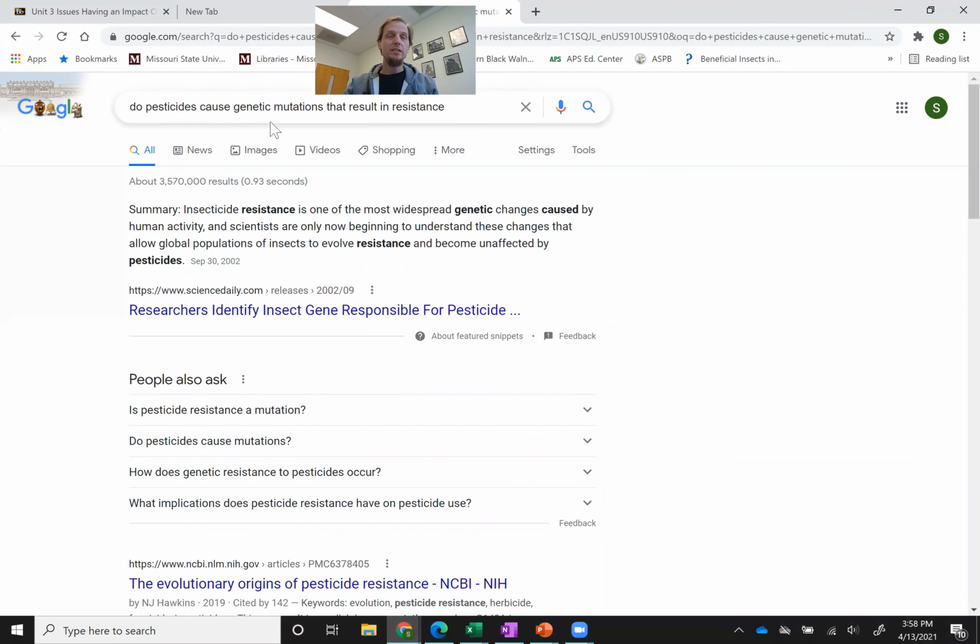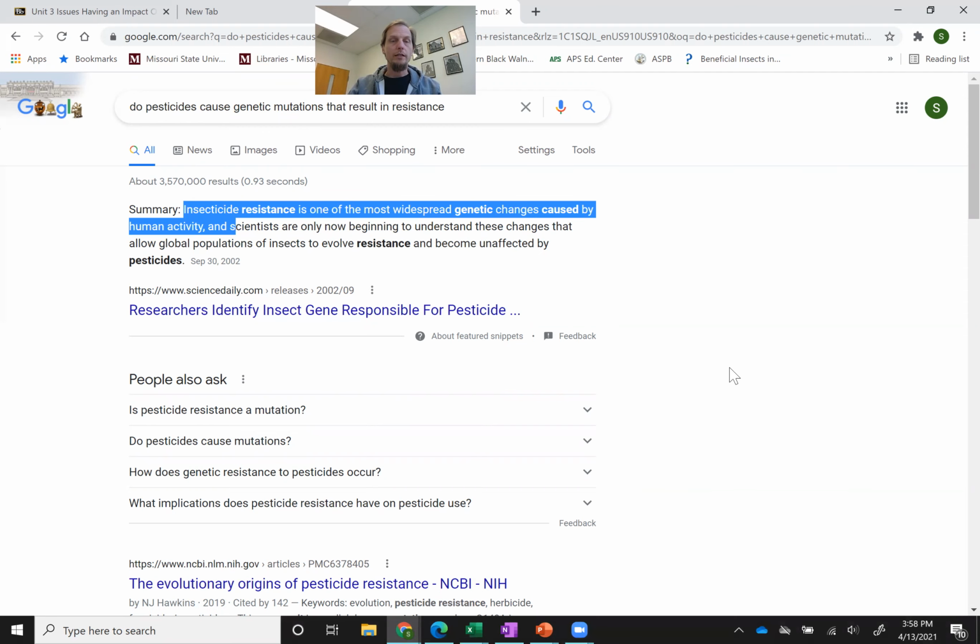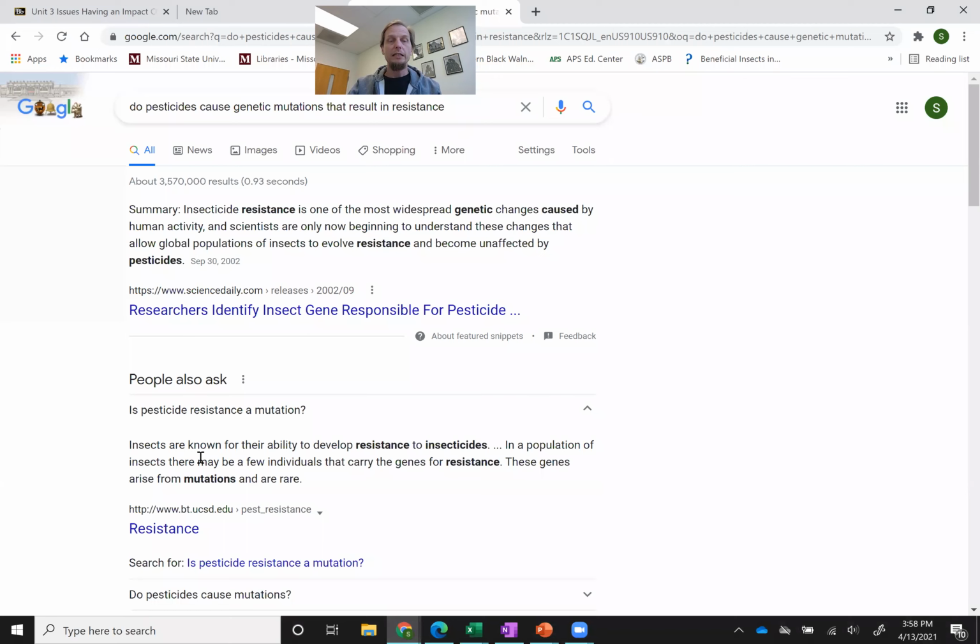I literally type in, do pesticides cause genetic mutations that result in resistance. Copy paste that and boom. And you get an answer to some degree. I like this one right here: pesticide resistance and mutation. Insects are known for their ability to develop resistance to insecticides. All right, so meaning answers are not far.